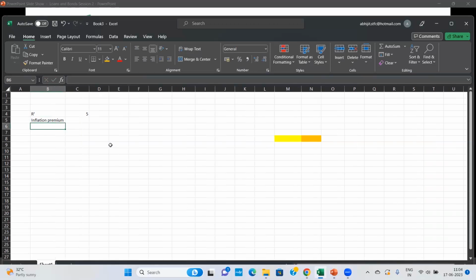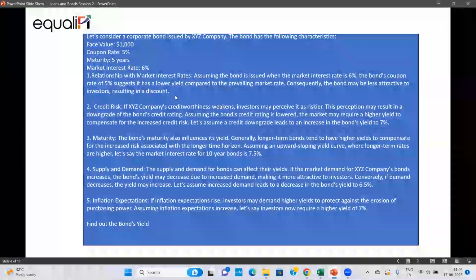Now let us have a look at the problem once again. What is the inflation premium? The expected return due to inflation is 7%, right?